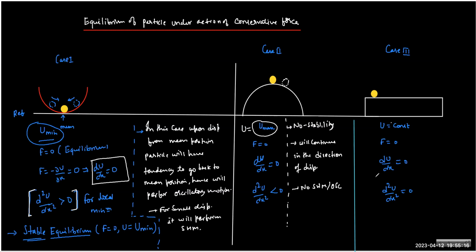Any configuration which offers the least potential will be most stable. If you try to disturb it, it will try to go back to that configuration, and therefore it will develop a tendency of resistance or oscillation. Is this clear, guys? Yes, sir. Now, case 3 is obvious. It is called neutral.